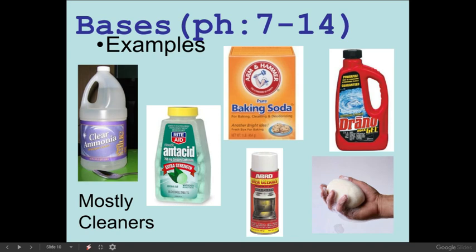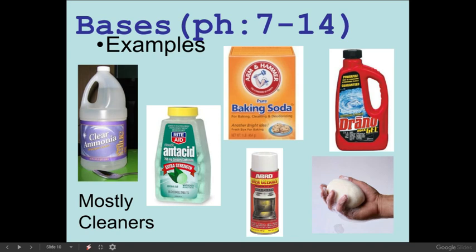So this creates a basic environment whenever you use these Tums. Baking soda is also going to be basic. It's probably going to have a pH somewhere between 9 and 9.5, maybe.